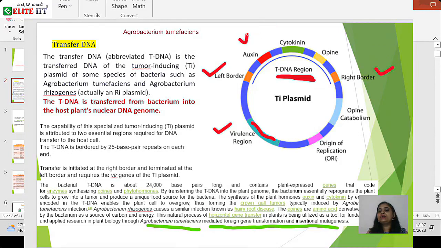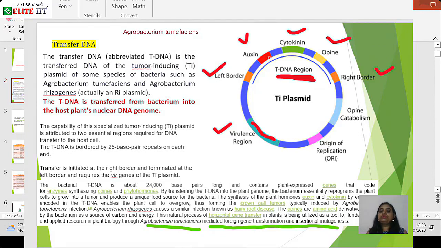After opine, the right border is present. So the tDNA region means left border, auxin, cytokinin, opine, and right border.